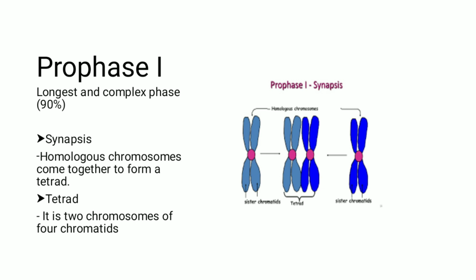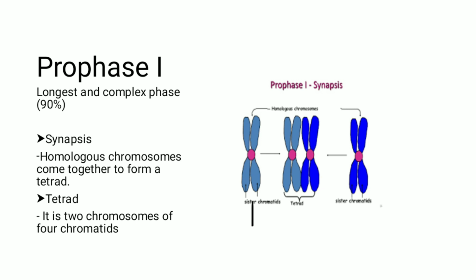It is the longest and most complex phase, about 90% of the process. It includes the synapsis, where the homologous chromosomes come together to form a tetrad. And a tetrad is two chromosomes of four chromatids.